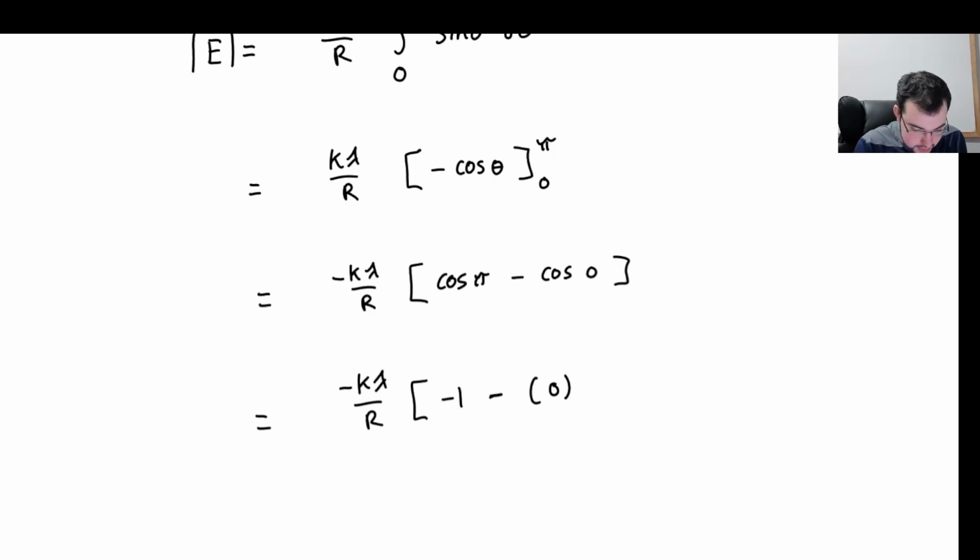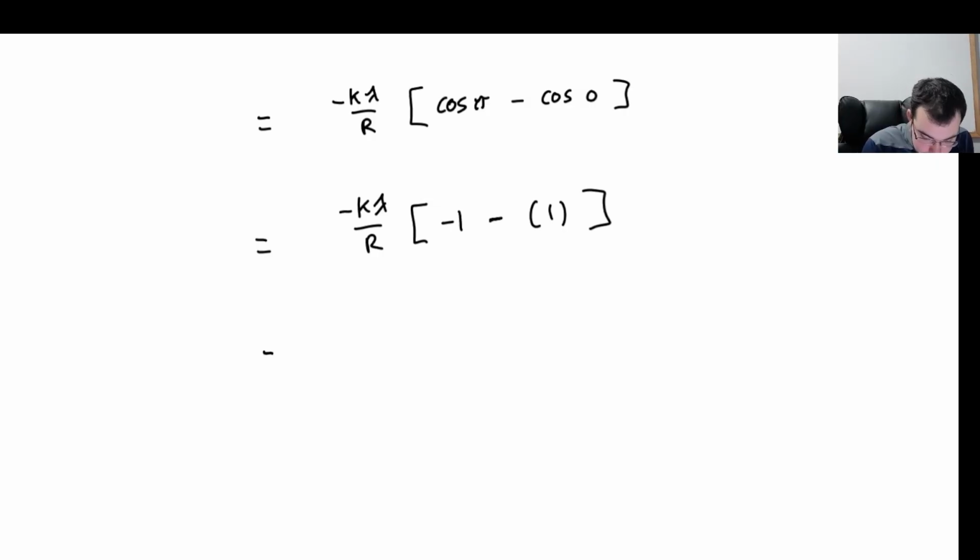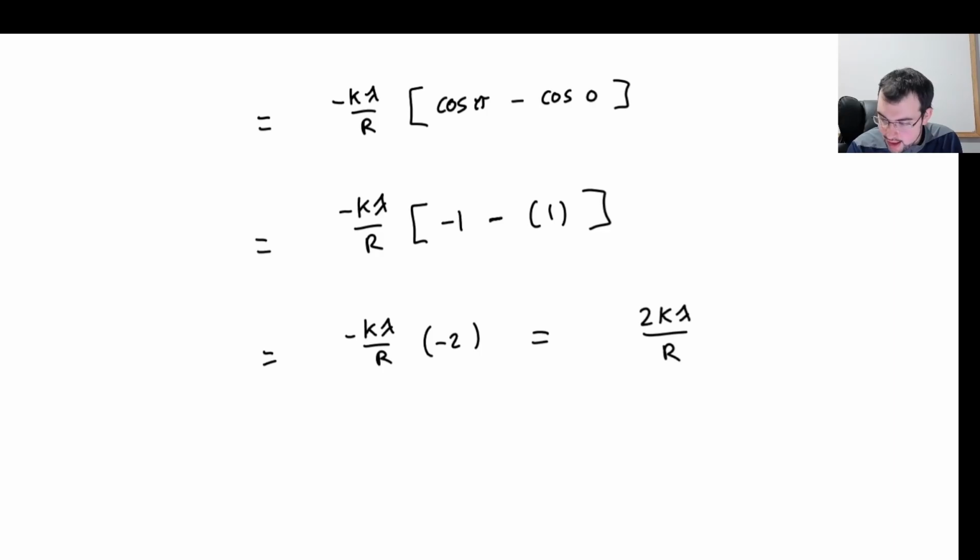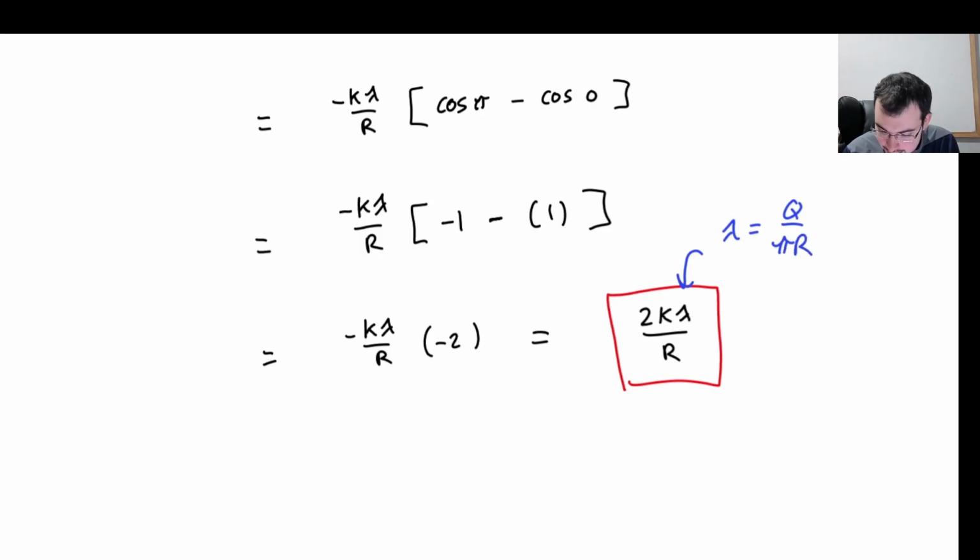Cosine of 0 is 1. So we get negative k lambda over r times negative 2, which is just going to be 2 k lambda over r. Once again, I know this doesn't quite look like the units of E field, but if we use the fact that lambda is q over pi r, you see that we do get 2kq over pi r squared, so we get some sort of kq over r squared.